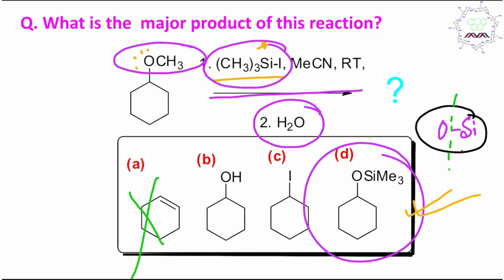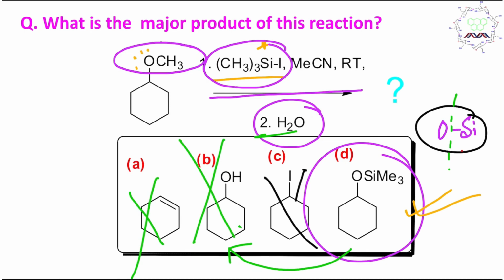Second, ether hydrolysis to the corresponding alcohol is not possible without acid, and as I told, SiMe3 cannot be hydrolyzed because the silicon-oxygen bond is significantly strong. Third, for iodide substitution, did I provide any HI? No, so this is also not possible. So option D is the right answer.